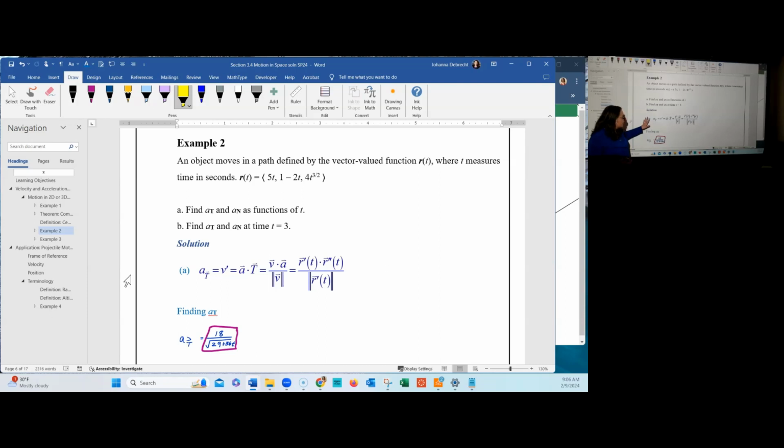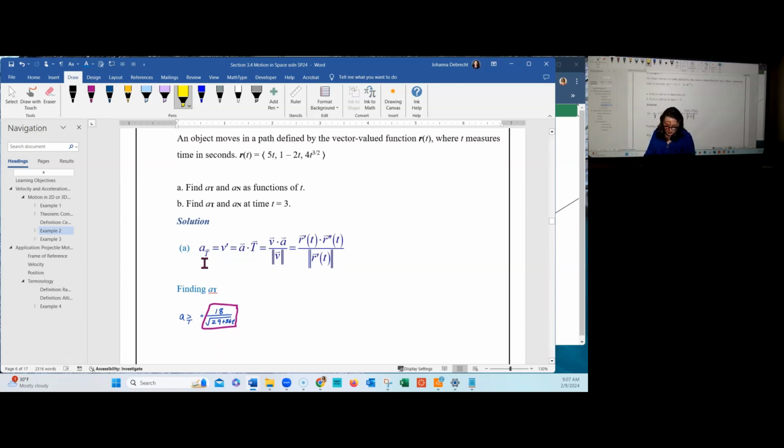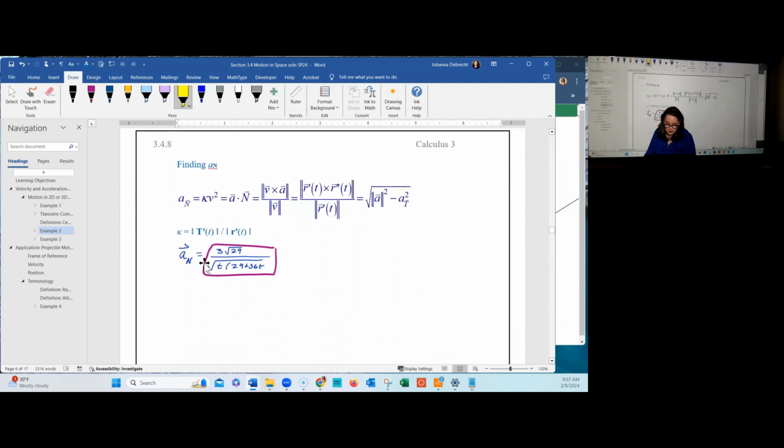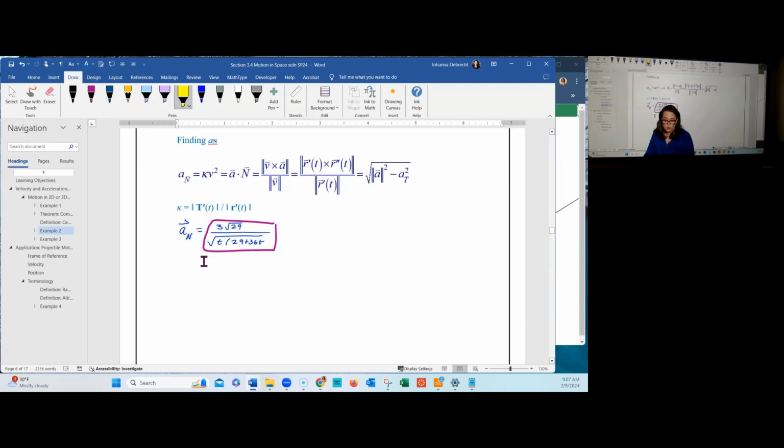Now, there are, of course, up here, multiple formulas for doing it, but whichever way you want to do it, when you're finding the tangential component, they're pretty much all the same, all right? So I've got the solution right there, so you'll be able to know whether or not you got that one right. And after you find the tangential, then I want you to go ahead and find the normal.